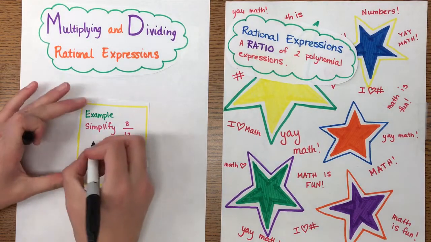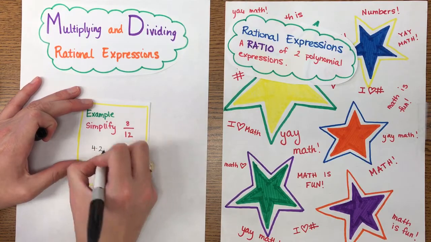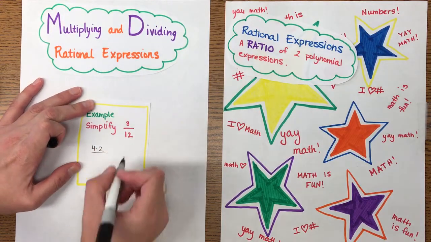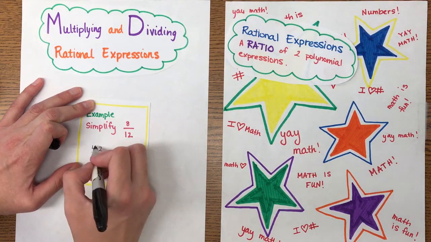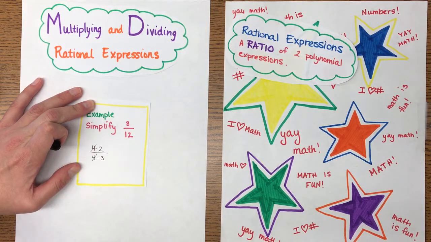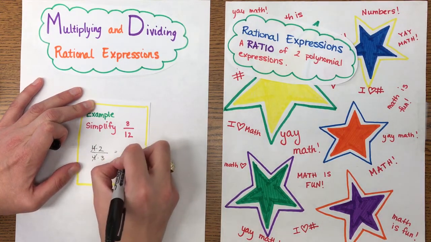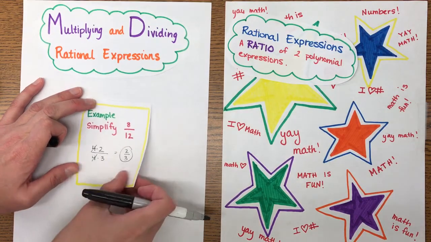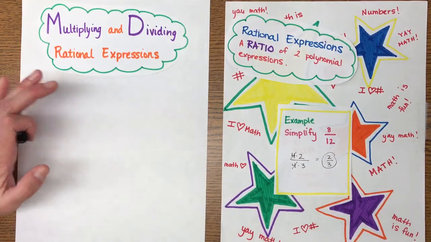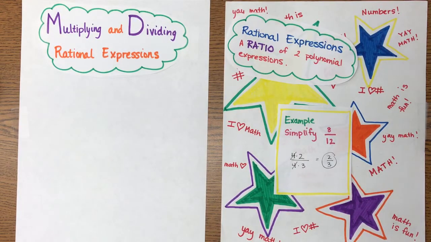So I'm going to write this numerator as 4 times 2 because that's 8. And another way of writing 12 is 4 times 3. Those 4's in the numerator and denominator cancel out, so this is 2/3. So when I'm simplifying a fraction, I just cancel out like terms.